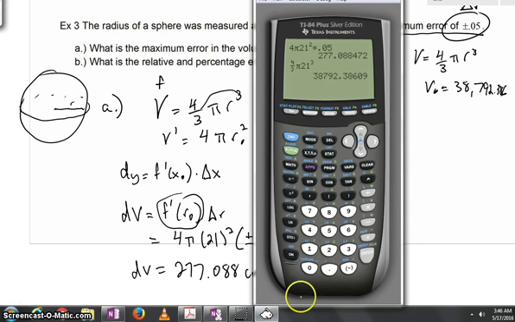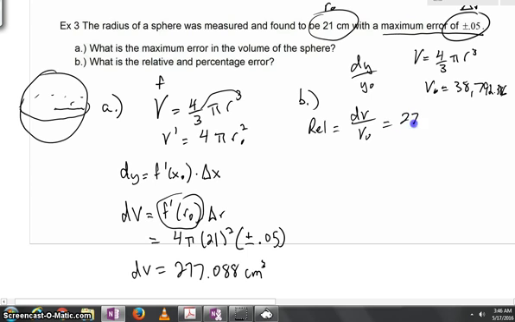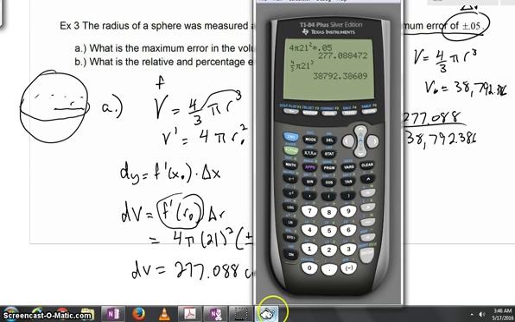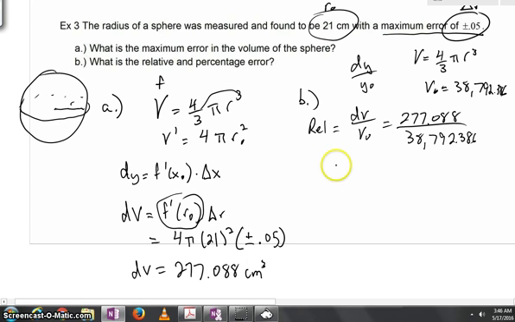So, as we're looking at that, we're going to say, well, 277.088 divided by that, just how much error are we really speaking of? Well, we've got our 277.088 and so forth. I'm going to divide that by the second answer, and we've got 0.00714.